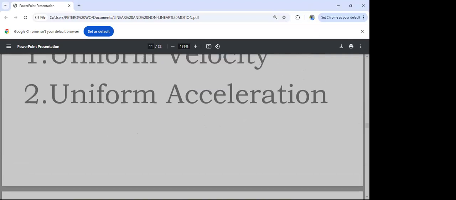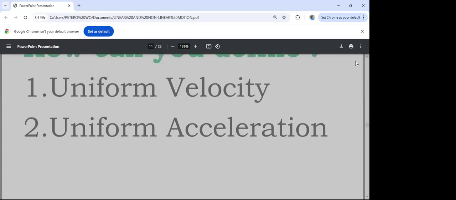So let us note down these definitions: uniform velocity and uniform acceleration. So uniform velocity, we are going to define it as the constant rate of change of displacement with time.